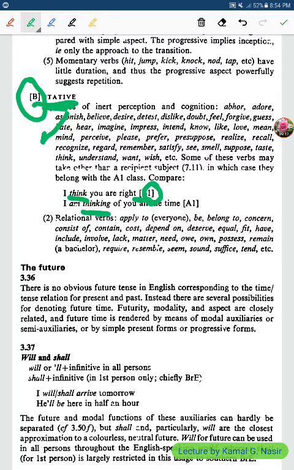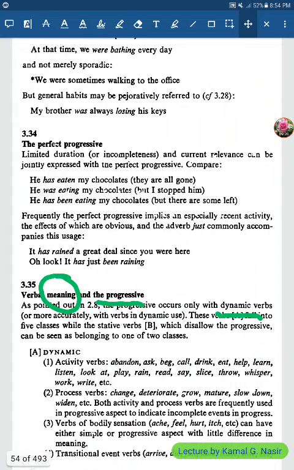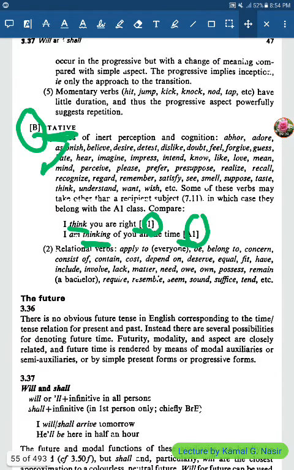Then what is think here? Think here belongs to A, number 1. What is A and number 1? This is activity verb. So think sometimes is an activity verb, and other times it is inert perception or cognition.